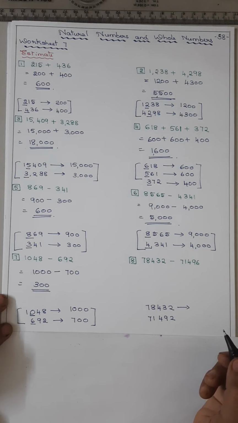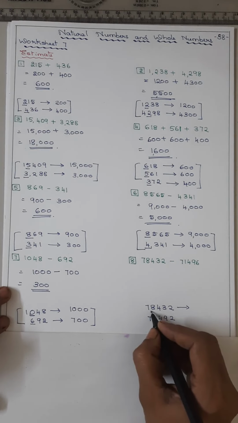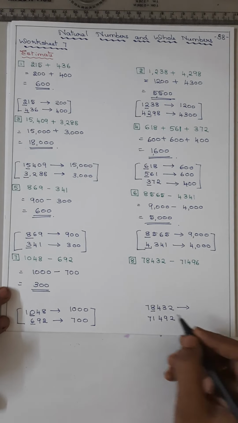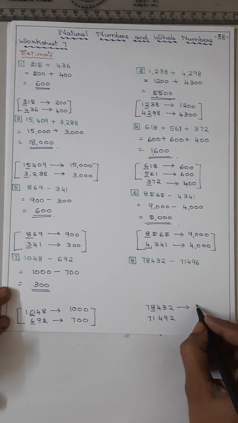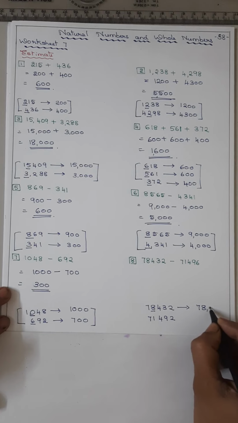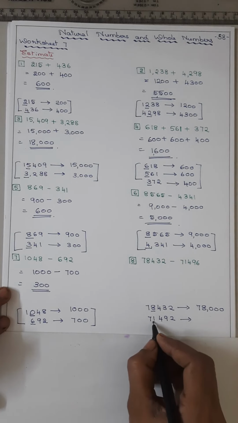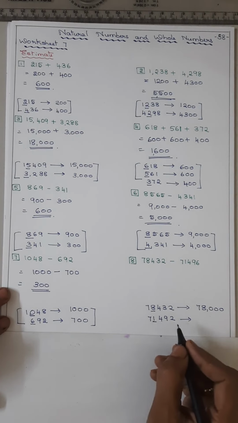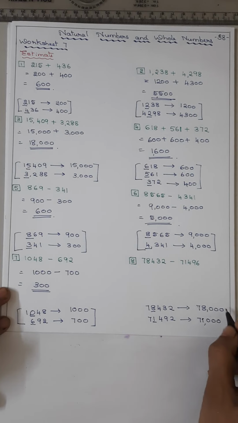Now both are in the 10,000 place, so 78,432 and 71,492. Underline the thousands place. So here both have to be rounded off to the thousands place. So 8, right side it is 4, less, so it will be 78,000. Next, underline 1, to the right it is 4, so it becomes 71,000.